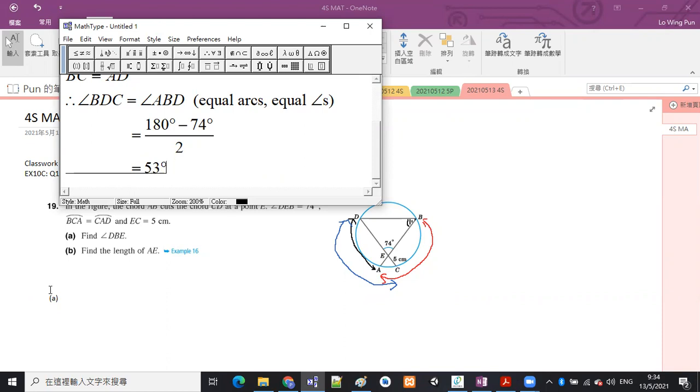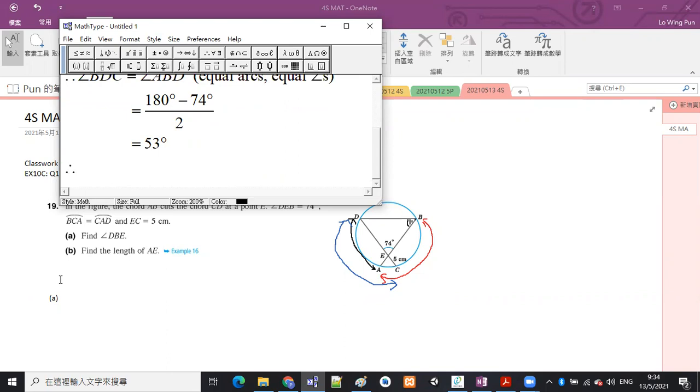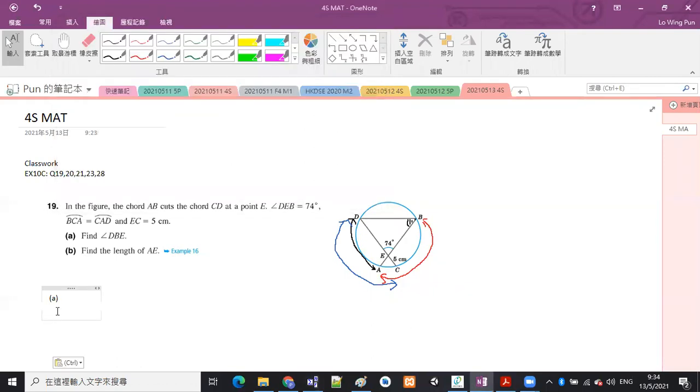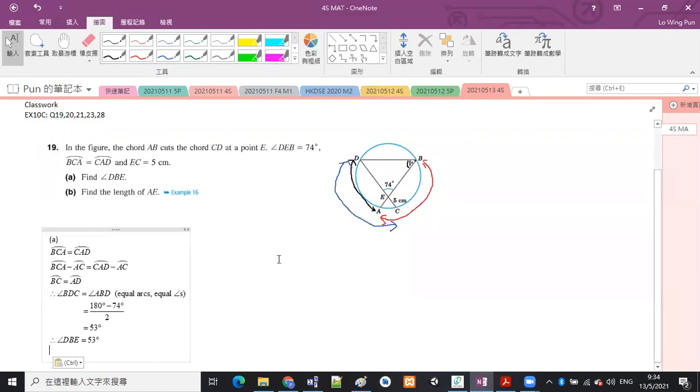Am I correct? Yes. Okay. Therefore, angle DBE, that is ABD, is equal to 53 degrees.